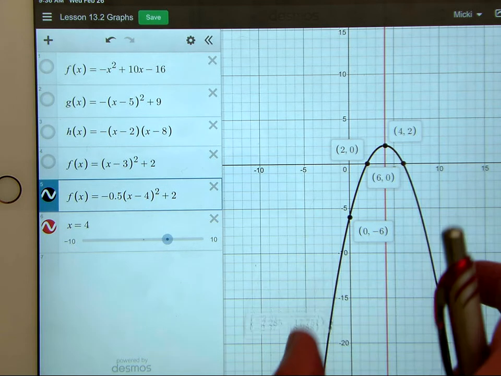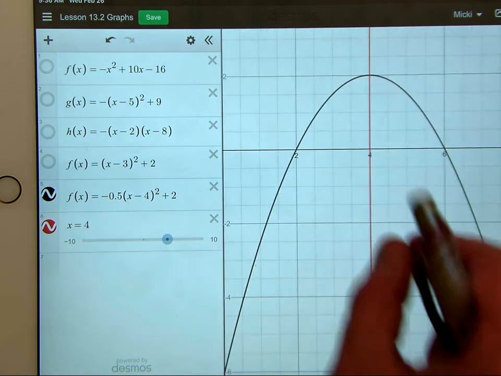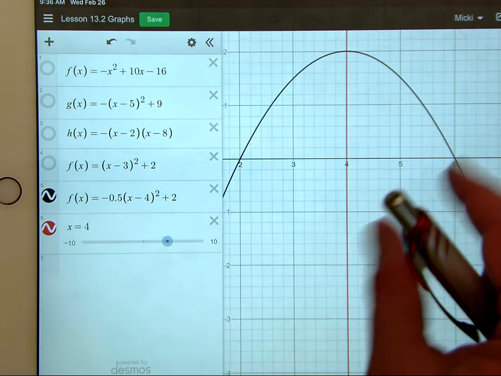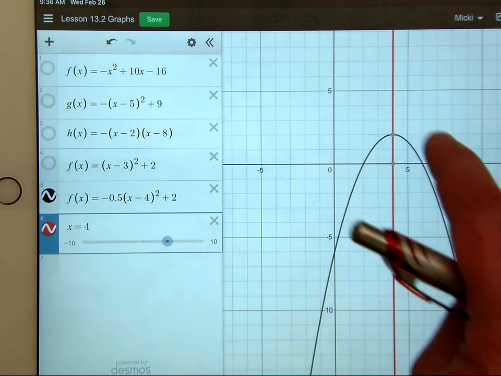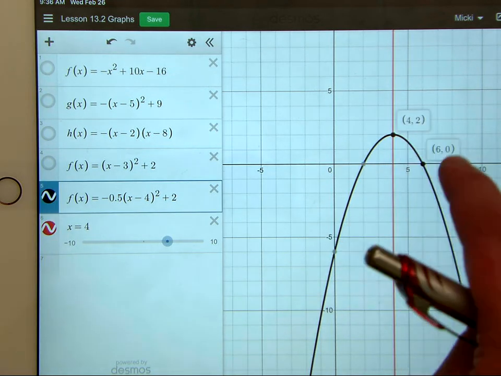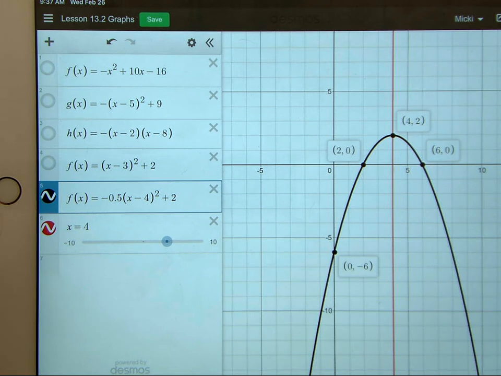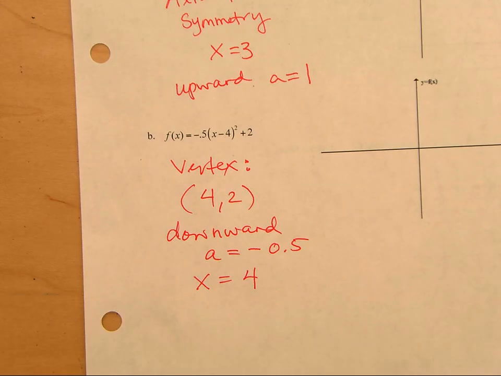So if I zoom in and I don't see all of my critical points, well, then that's not a very helpful graph, is it? So that's why I would zoom it out, and I would really want to just see the key features of the parabola, which are going to be the x-intercepts, y-intercept, and the vertex. Okay, so go ahead and take a moment to sketch that graph on your paper.